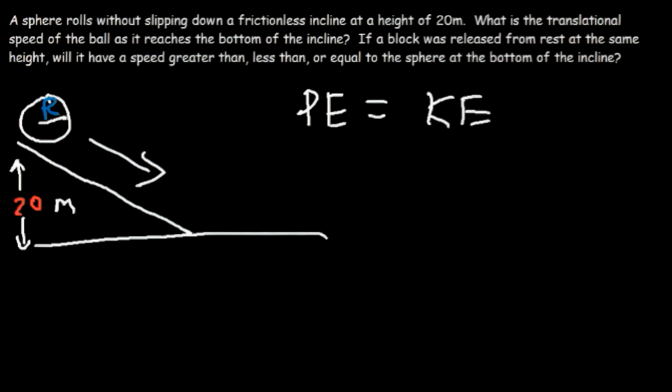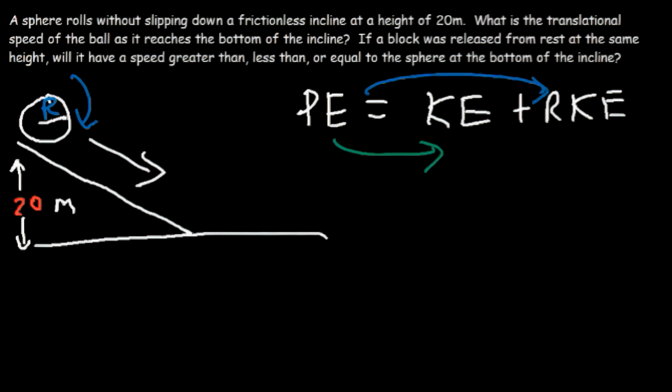The sphere is also rotating and spinning, so for any object that spins or rotates, it has rotational kinetic energy as well. So some of the gravitational potential energy goes into moving the ball down the incline, and some of it is used to cause the ball to roll or to spin as it travels down the incline.